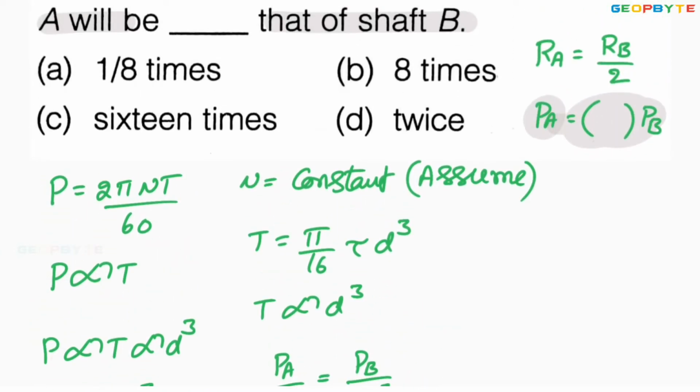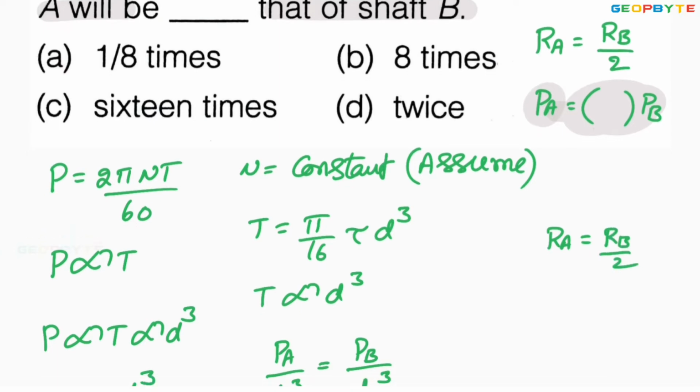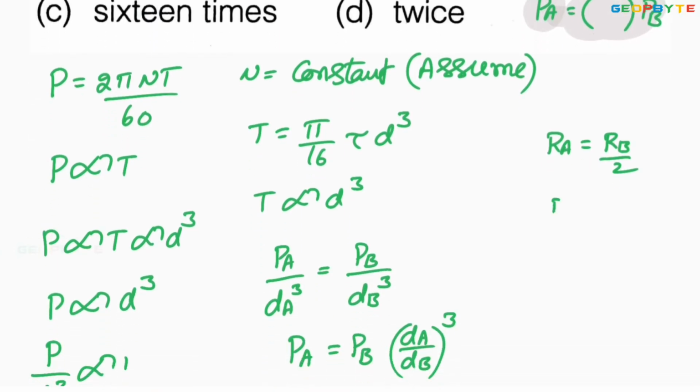Here radius RA equals RB by 2. If RA equals RB by 2, I can say that dA equals dB by 2.